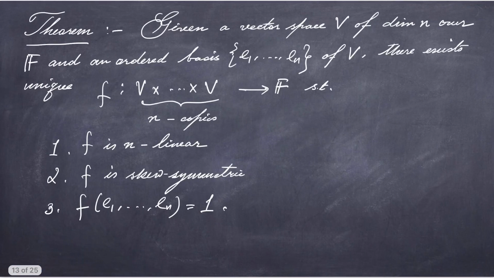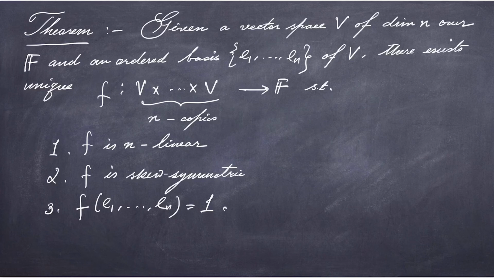Again, try to understand what I am doing. We have shown that if there is an F, then F has to be unique. So even up to this point, we don't know whether we do have such an F or not. We don't know whether we have any such F at all.